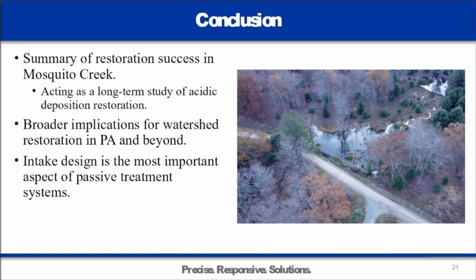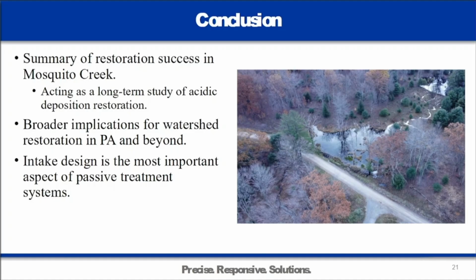So, conclusion: the Mosquito Creek project has had significant long-term water quality improvement. The project has also served as a trial run for watershed restoration throughout the state, including the Upper Swatara Creek. Some of the lessons that I think are really important, that would go into design of any passive treatment system, not just for acidic deposition or AMD, are that low maintenance does not mean no maintenance, and inspections are important.